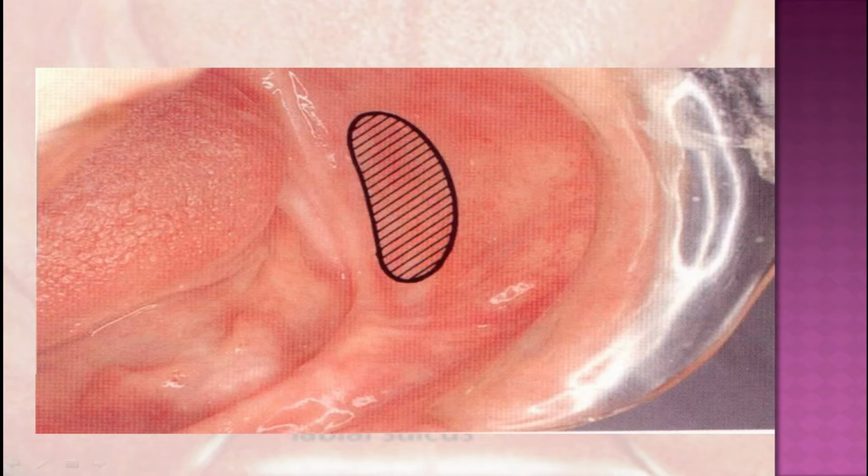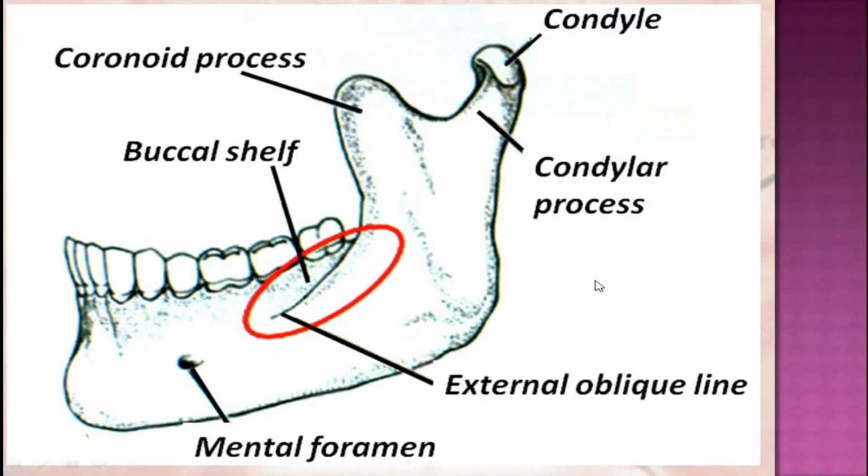As the resultant forces of the elevator muscles are directed to this area and the trabeculation is arranged to best resist these forces, artificial teeth can be arranged so that the long axis coincides with the direction of the resultant forces. So the buccal shelf area is designated as the primary stress bearing area in the mandibular arch.